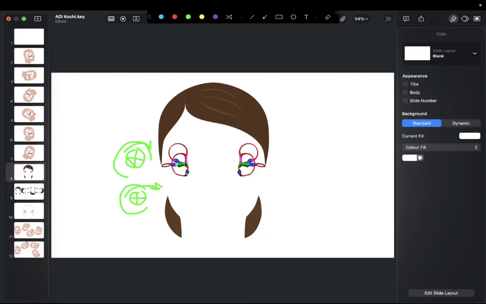Now, when this wheel is connected to the eyeball, what will happen is, from the front, this is the eyeball wheel.